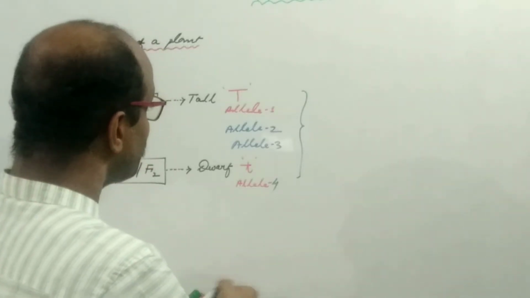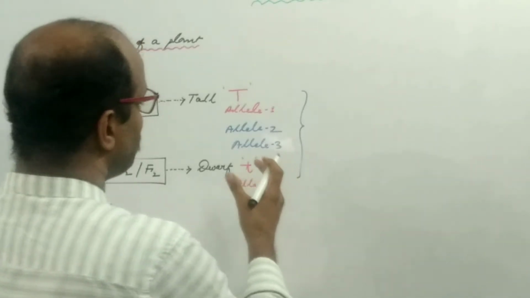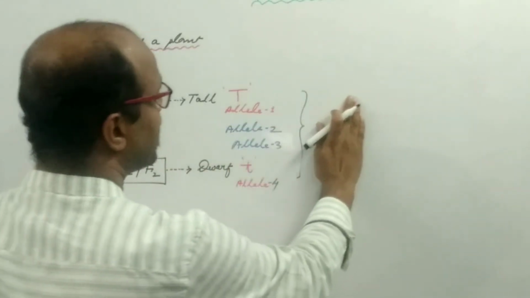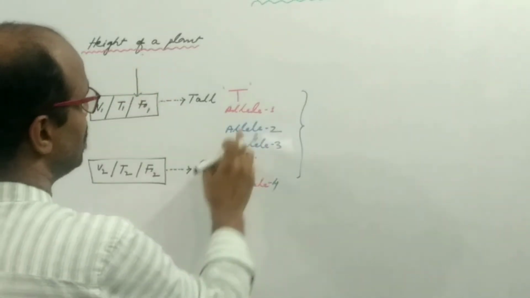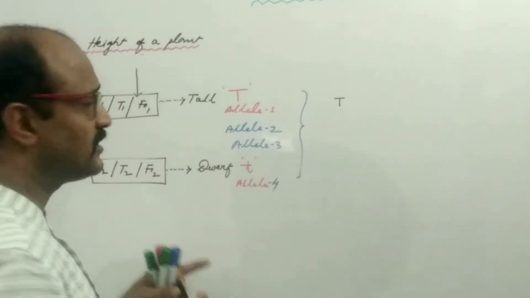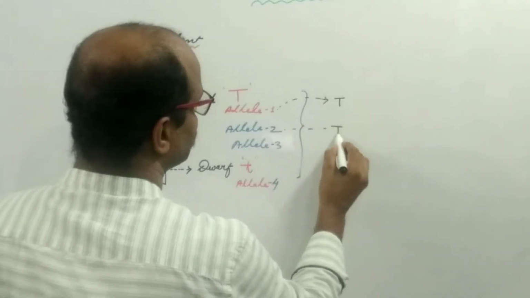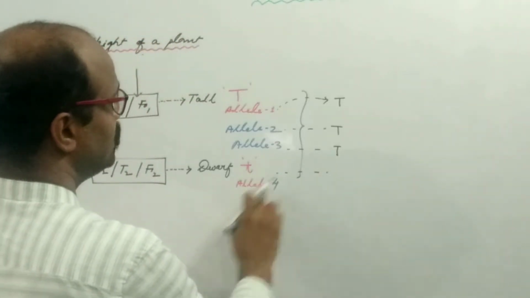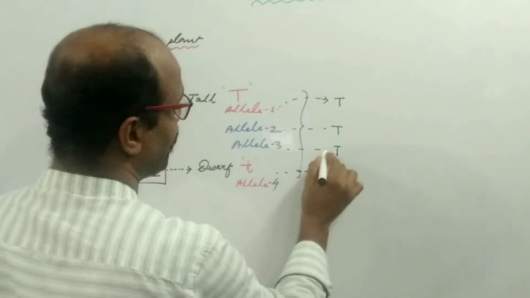Now I am going to represent these alleles. How do I represent them? We use the same symbol or the same letter. For height, I may use T. So for these alleles it is T, and suppose this one is recessive to all, that's why I represent it as small t.